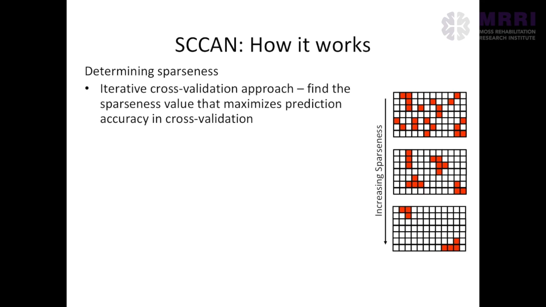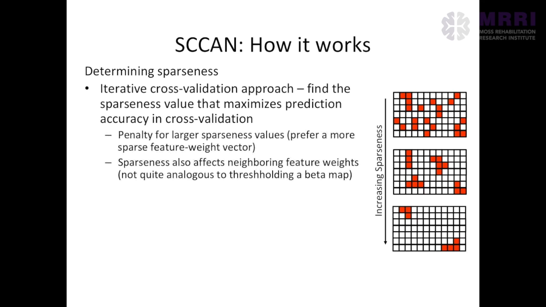So there's an iterative approach built into this analysis that steps through different sparseness values and figures out what's the smallest sparseness that still gives you reliable cross-validation. There's a penalty built in for larger sparseness values, so that drives your gradient towards a smaller sparseness.